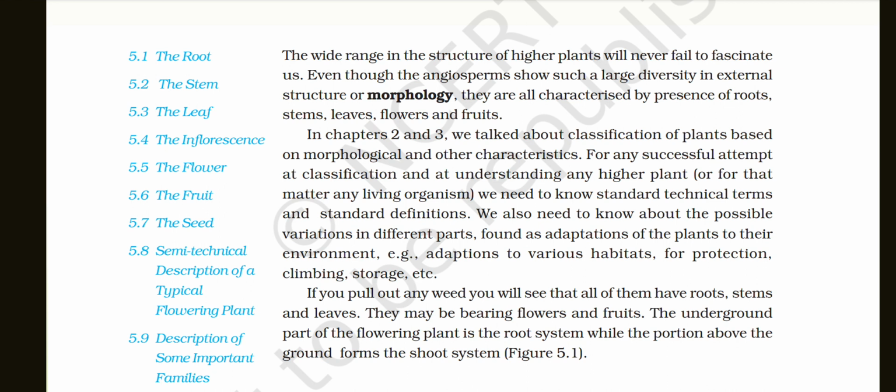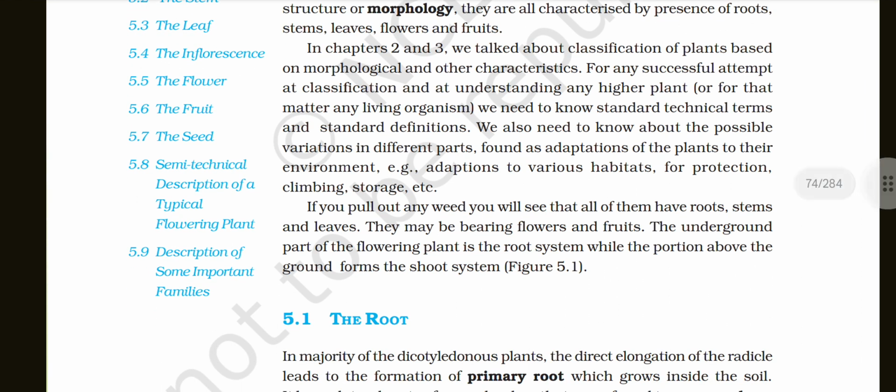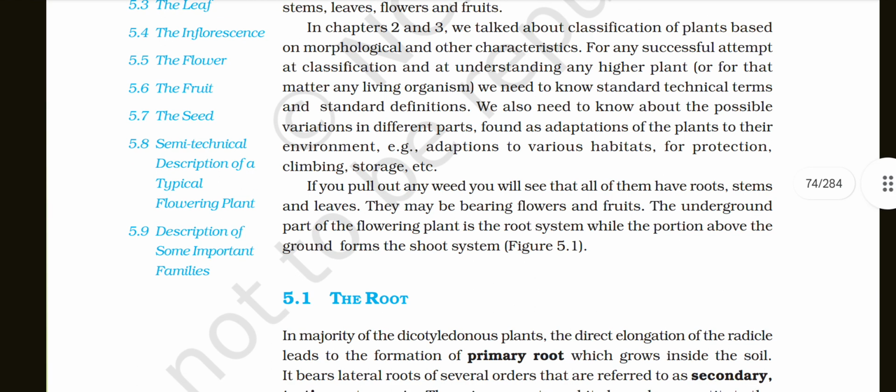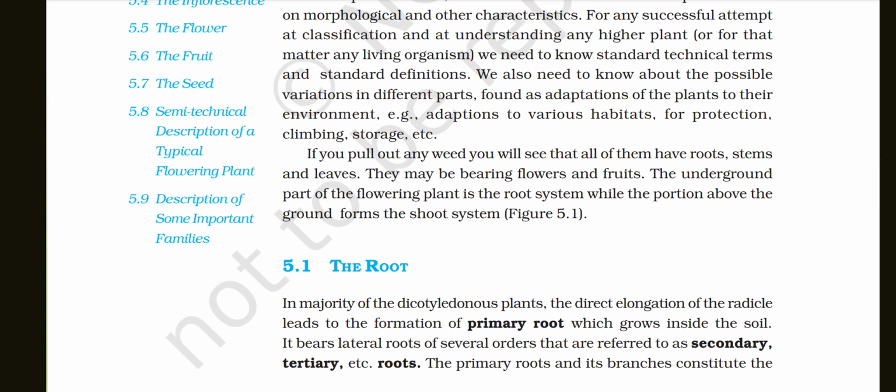If you pull out any weed, you will see that all of them have roots, stem, and leaves. They may be bearing flowers and fruits. The underground part of the flowering plant is the root system, while the portion above the ground forms the shoot system.